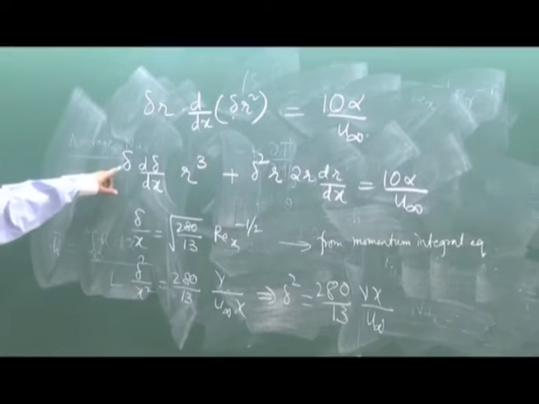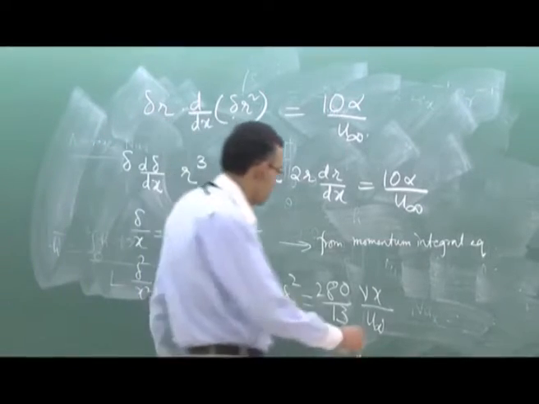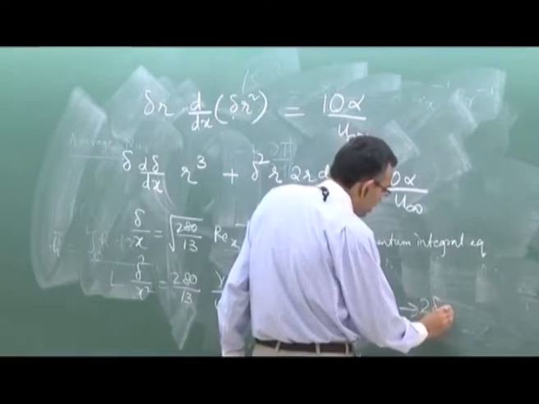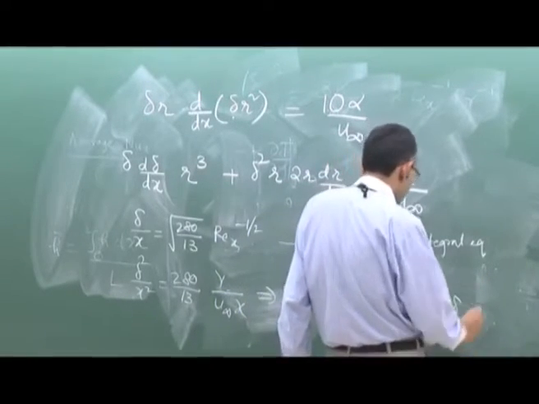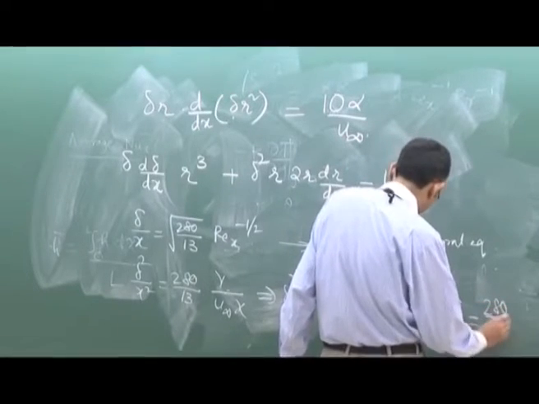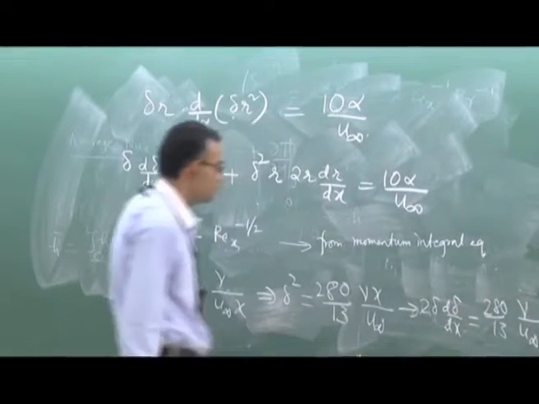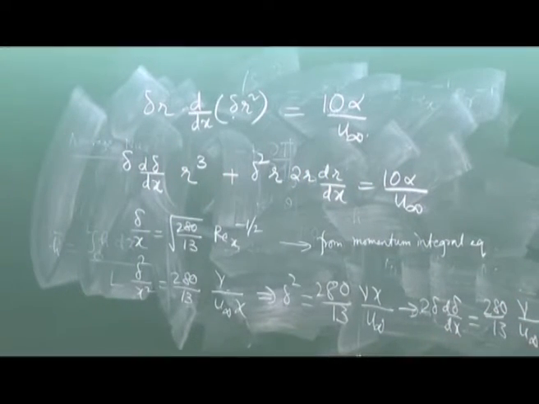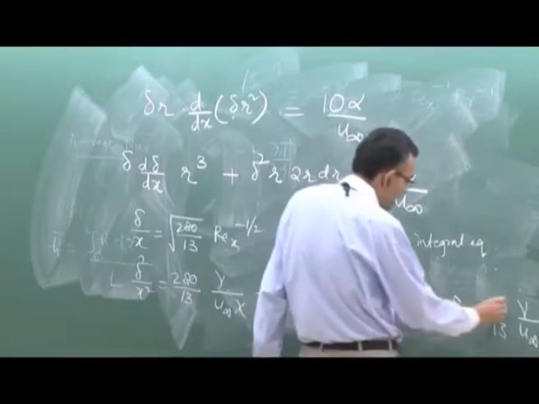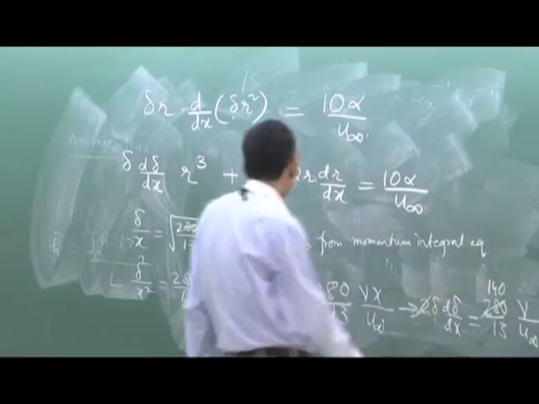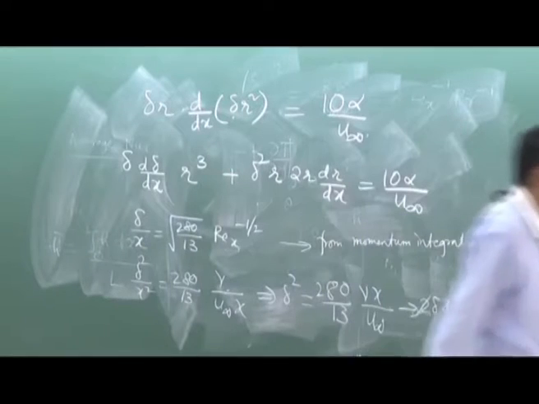So we require delta d delta dx. So if we now differentiate both sides with respect to x, 2 delta d delta dx is equal to 280 by 13 nu by u infinity. Okay. So that means delta d delta dx is 140 by 13 into nu by u infinity. So let us write it down there.